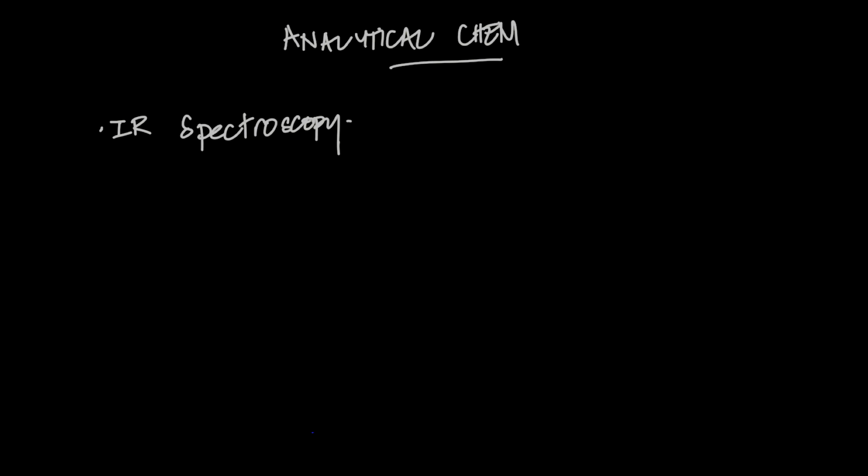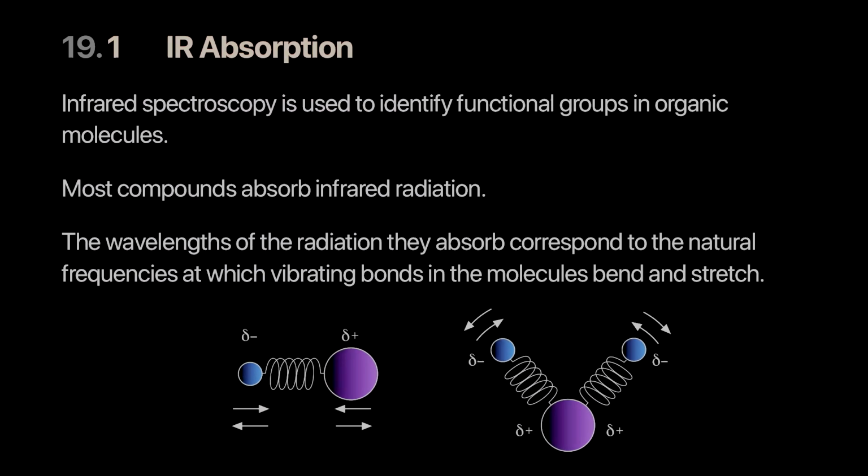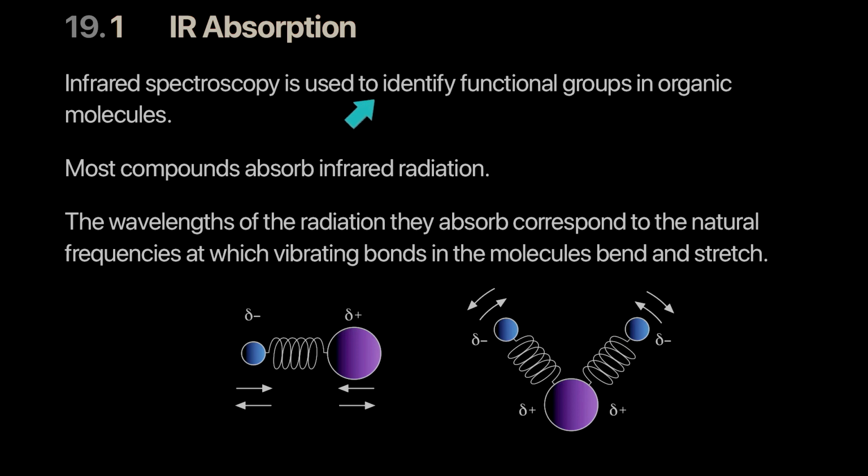We can use infrared spectroscopy to identify functional groups in organic molecules. The reason for that is that most compounds do absorb infrared radiation, but the infrared radiation has a pretty decent sized band of variation. So by detecting what particular wavelength or frequency of radiation a molecule is absorbing, we can talk about the kind of bonds it has.